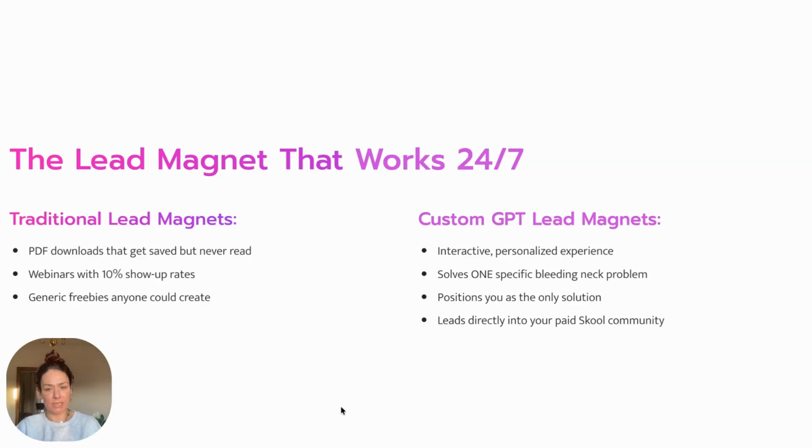Whereas a custom GPT is dope because you're giving them an interactive, personalized experience that solves one specific bleeding neck problem, positions you as the solution, and leads directly into your paid offerings, which is so cool.